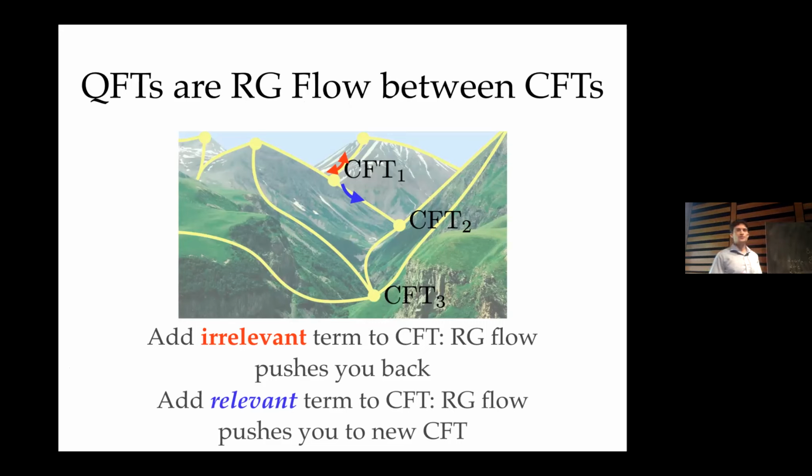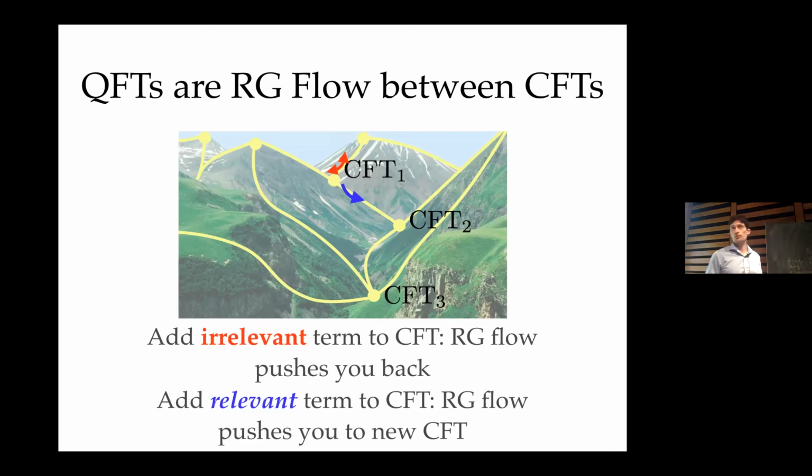All right, and so to think about quantum field theory, you can start with the CFTs, and if you take a conformal field theory and you add an irrelevant deformation to it, not really very much happens as you go to the IR. You just flow back to where you started. But if you add a relevant interaction, now that becomes stronger in the IR, and it pushes you down some RG trajectory towards another fixed point.